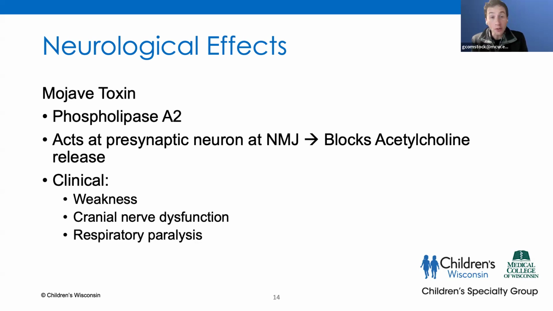And if you're not getting acetylcholine release at the neuromuscular junction, that's not great because that is how we fire our muscles. And so you wind up with muscular weakness, cranial nerve dysfunction, and most ominously, respiratory paralysis. So a major and important one to be aware of, as it does have a bit of a different manifestation than a lot of the other crotalid toxins and envenomations.